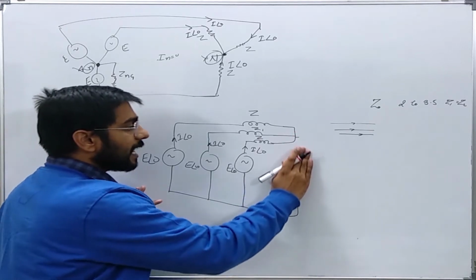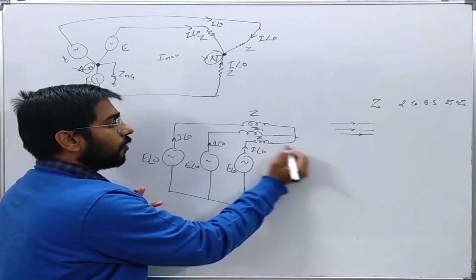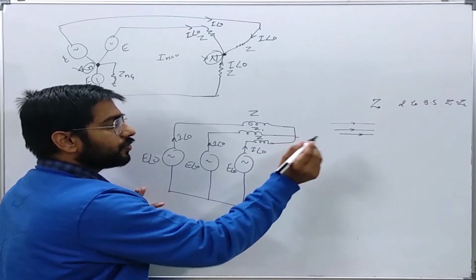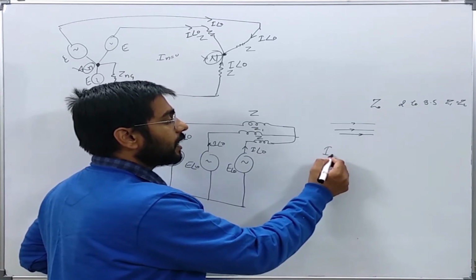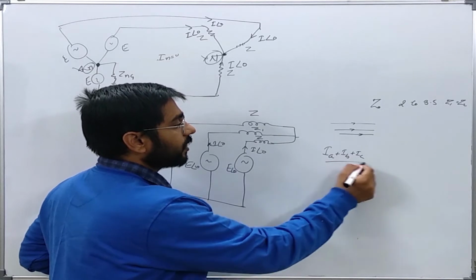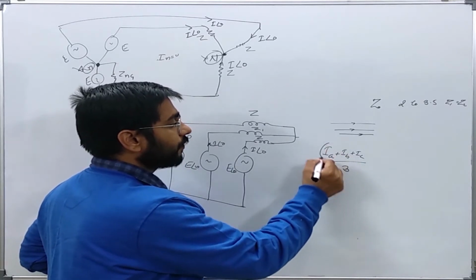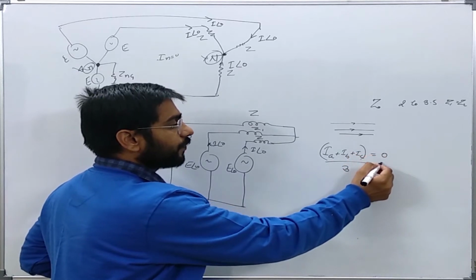Otherwise, if this is absent, then according to KCL, all these three currents should be equal to 0. Now the definition of zero sequence is IA plus IB plus IC over 3. Now if there is no neutral connected, then it should always be equal to 0.